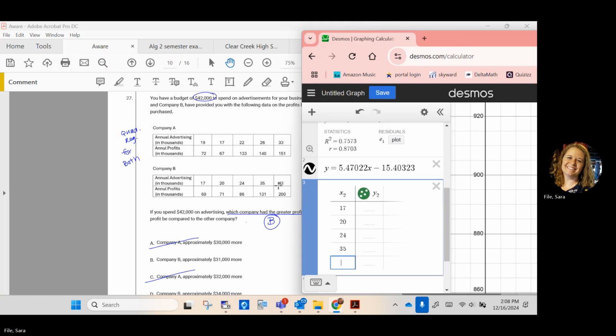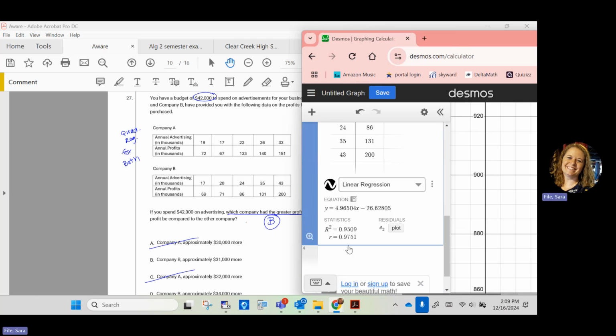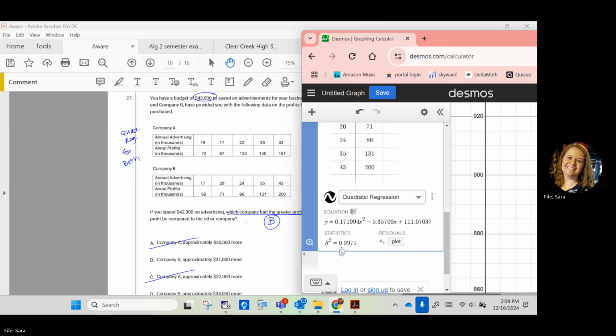33. Okay, the linear is much closer for this one. It's 0.95, but quadratic is also 0.99 for this one.